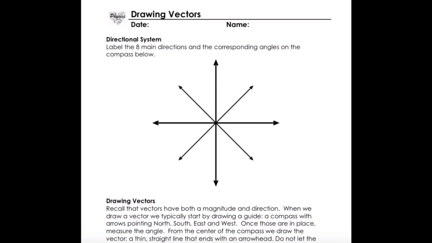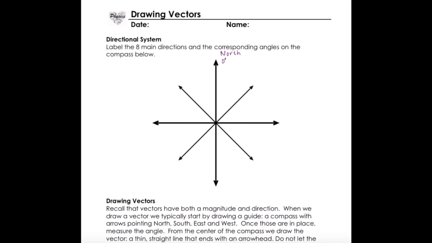Okay, so we're going to start with the directional system. We're going to label the 8 main directions and the corresponding angles on the compass here. So let's start with north. This is at 0 degrees.